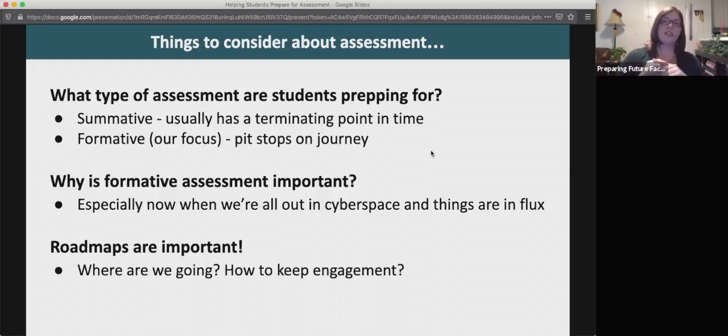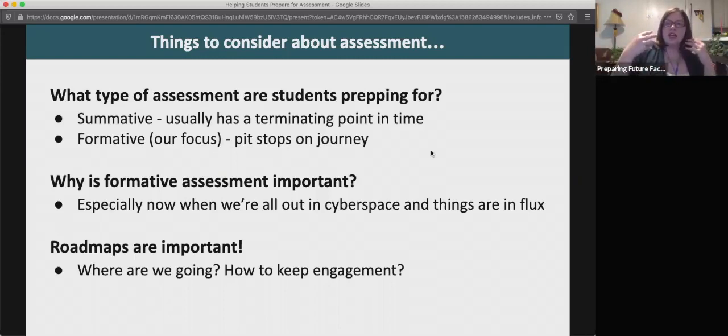We're doing these pit stops because we want to stop and check in, see how we're doing. We want to see if we need to stretch our legs. We want to see how our passengers are doing, see if anyone needs to take a break, and so on and so forth. And that's what we mean by formative assessment, that over the 16-week journey of a course, that whole long road trip, you have checkpoints to check in and see how your students are doing.